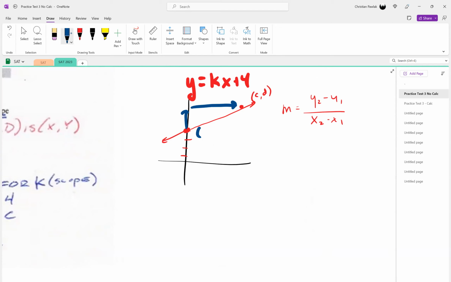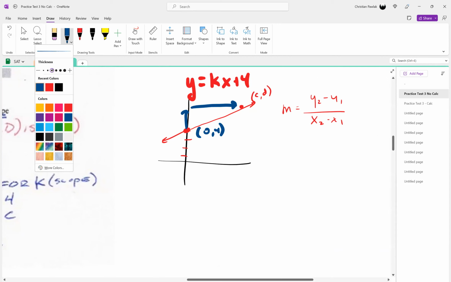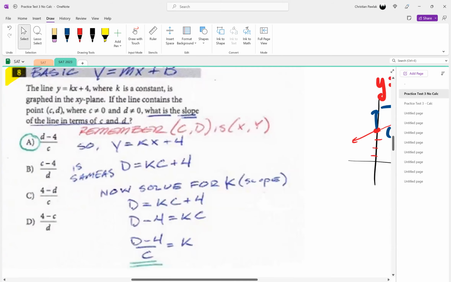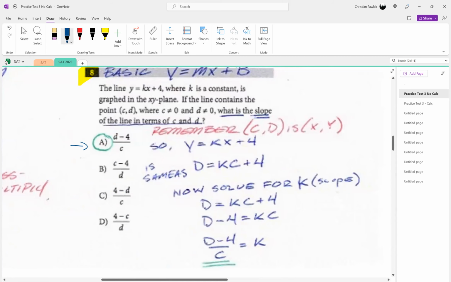Or if this is 0, comma 4, and that's C, comma D, I can use the formula and say, okay, I have D, the y2 value, minus y1 over x2 minus x1, and this simplifies to our answer, D minus 4 over C. So you can see how I also get that. If I didn't feel comfortable using the equations, I could absolutely use the graphs here.